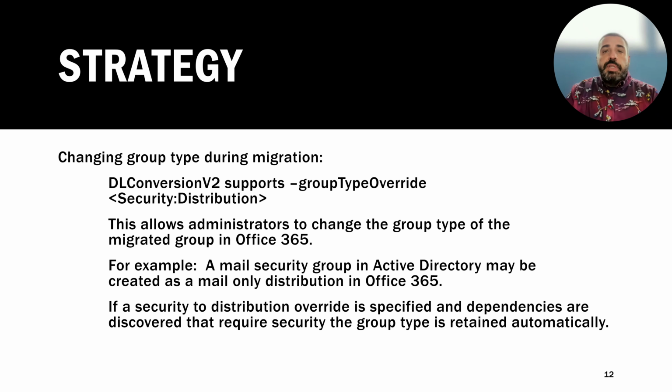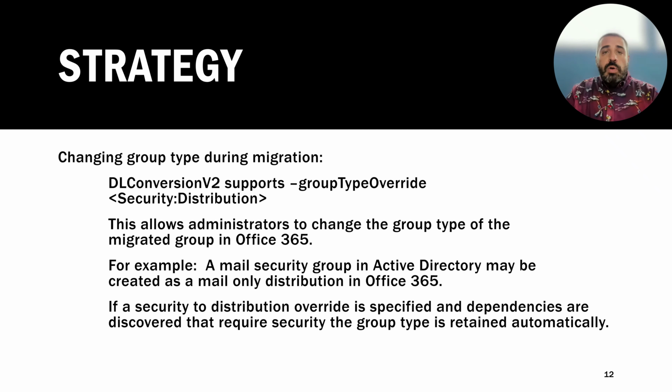Some customers use the migration process as a time to ask themselves whether or not a group needs to be mail-enabled security in order to be migrated to the cloud. The DL Conversion v2 migration module does support the group type override switch and allows administrators to specify or override the group type that they want created in Office 365.